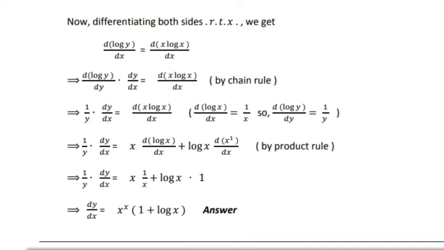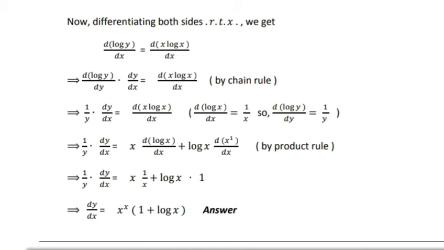So after you have simplified a given function, you are now ready to find the derivative of the given function. What we have to do is we simply differentiate on both sides with respect to x. That means you should have dx in the denominator.